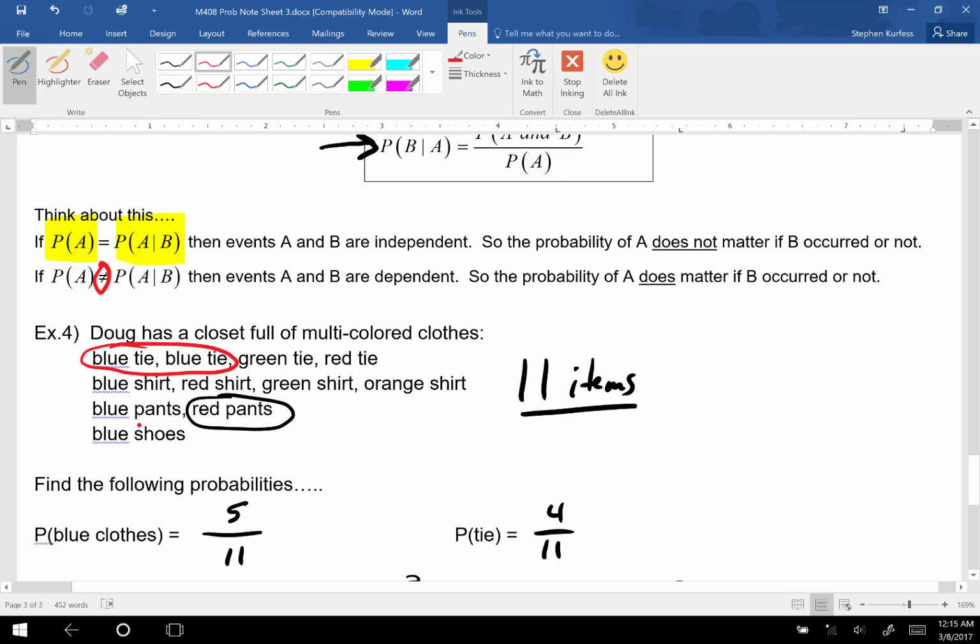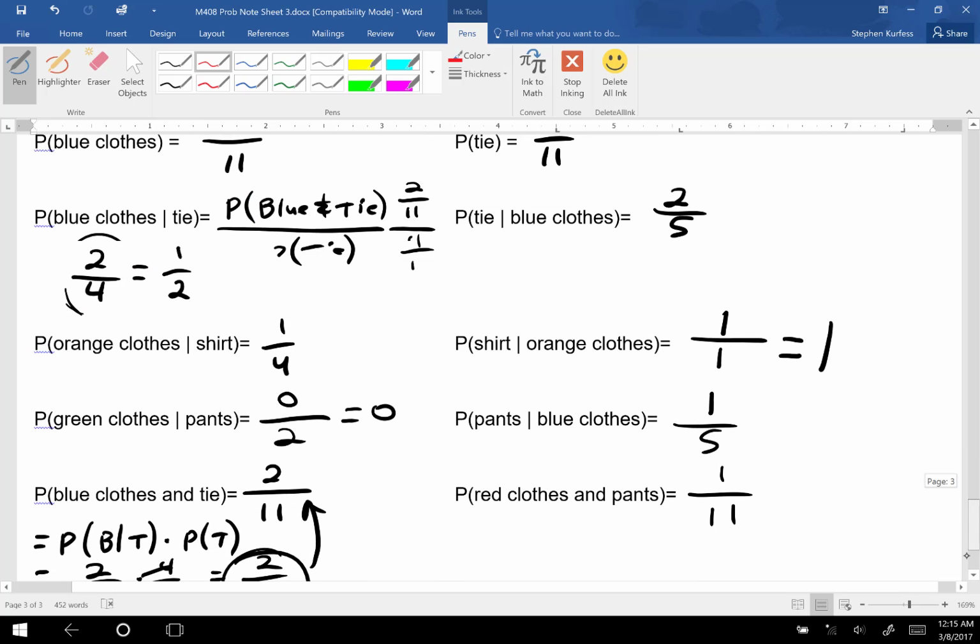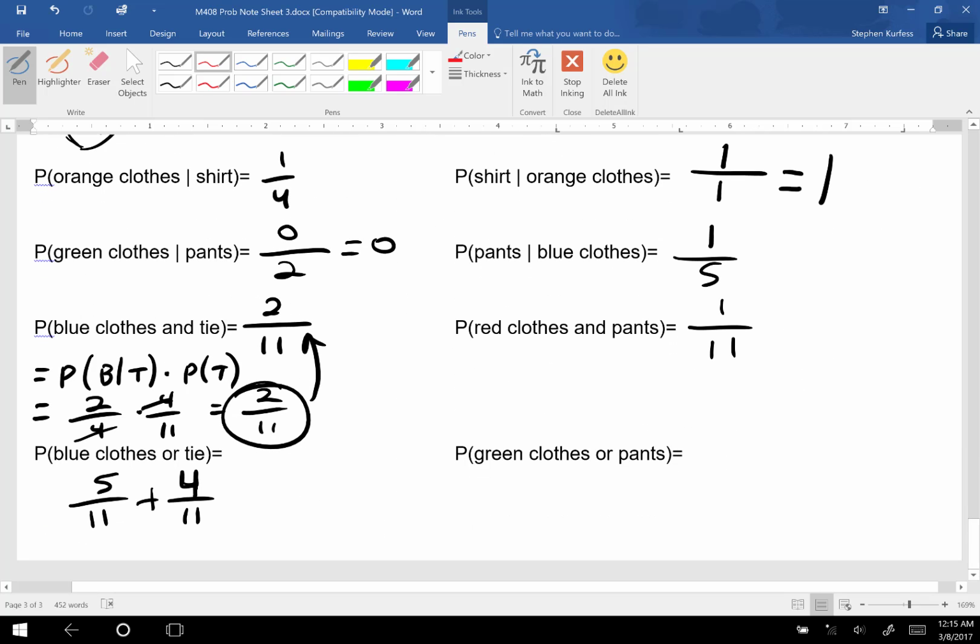And what I just circled in red there, I counted twice. So what do you have to do? You have to subtract the overlap. So minus 2 over 11. So that gives us 7 over 11. And that's the answer to that, because there was overlap. Okay? So overlap. Got to remember that. That's from day 1, basically.